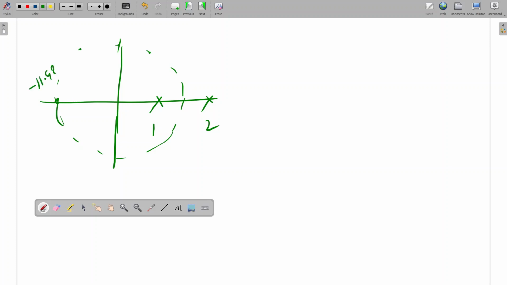Minus 1.48. So some zeta will be there. Okay, zeta is equal to 0.5. So here we have to find the k value. Somewhere it is cutting the root locus. Okay, so we have to find the k value.